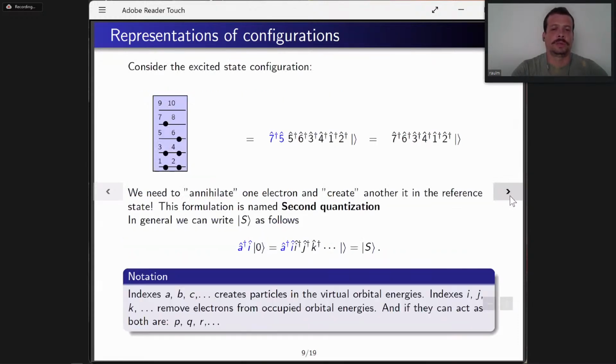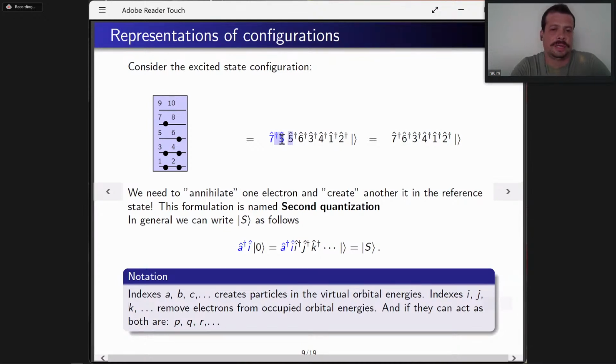We can also represent excited state configurations. For example, if we start again from the ground state configuration and want to represent an excited state configuration, I need to remove electron 5 and create electron 7. I am depicting that here by putting a 5 without a dagger.